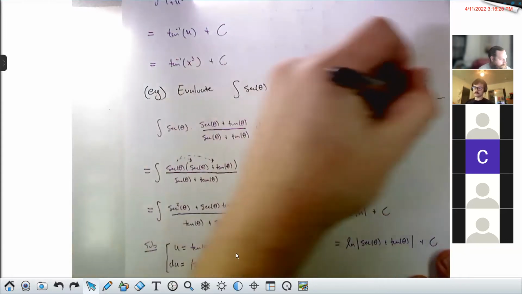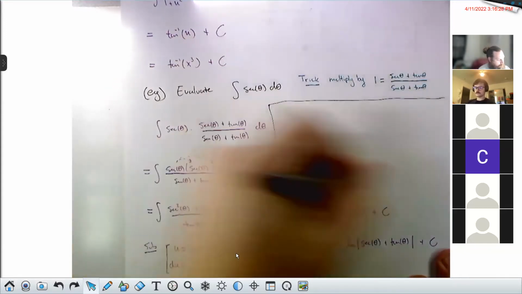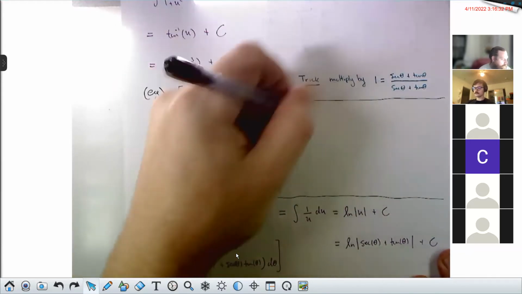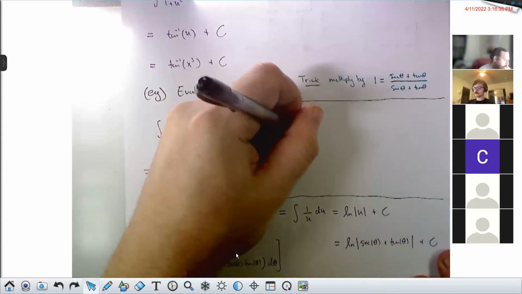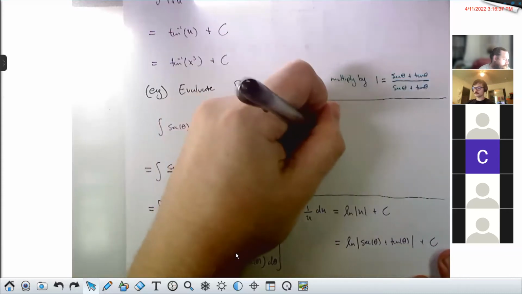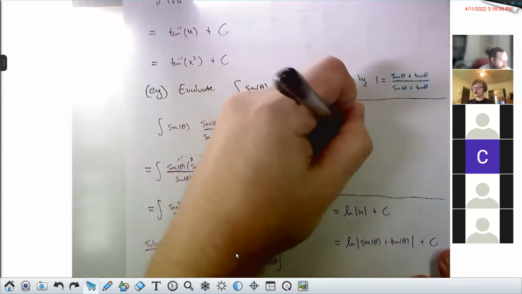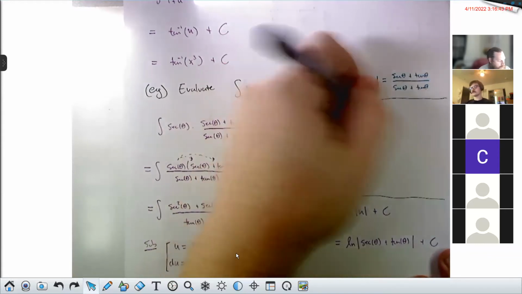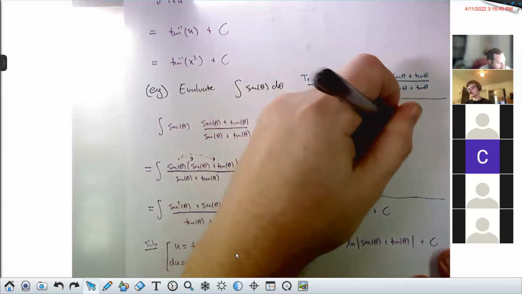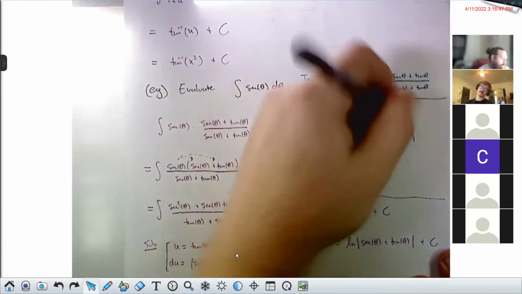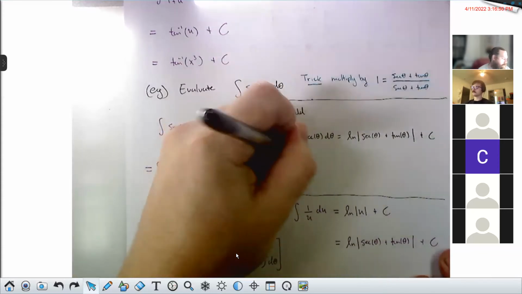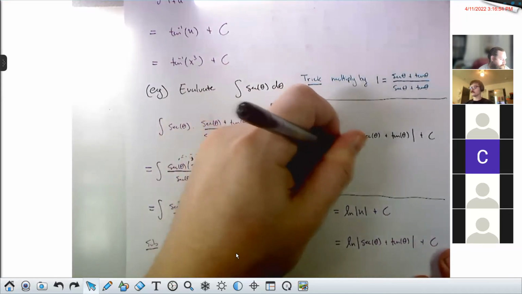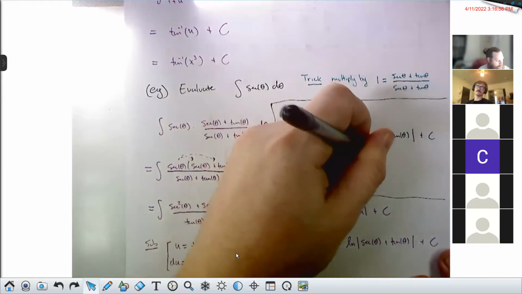So add integral of secant theta d theta equals the natural log of secant theta plus tangent theta plus c to your table of integrals.